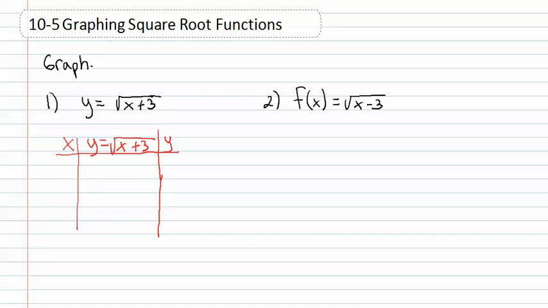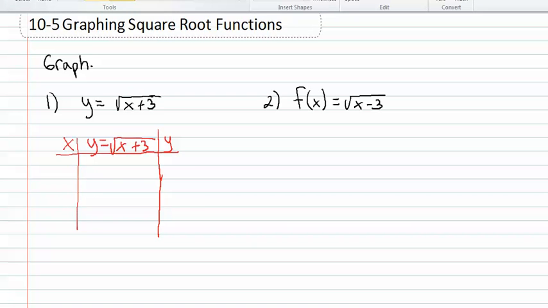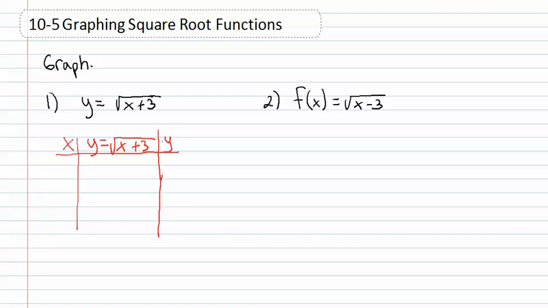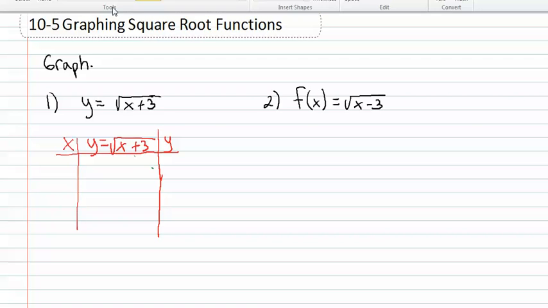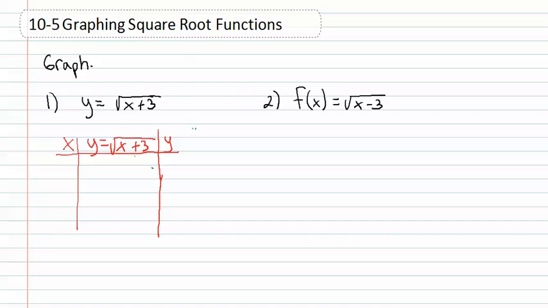If you didn't know, you can take x plus 3 and set it to 0, because I want to get a 0 in the square root. So I'm going to subtract 3 from both sides, and I get my x value is equal to -3.